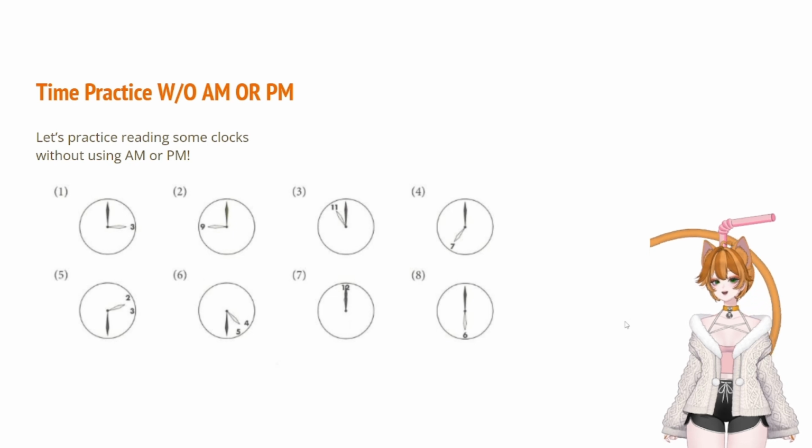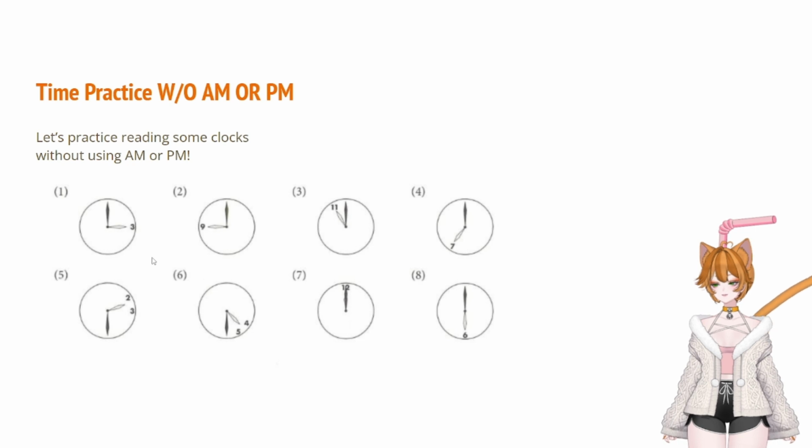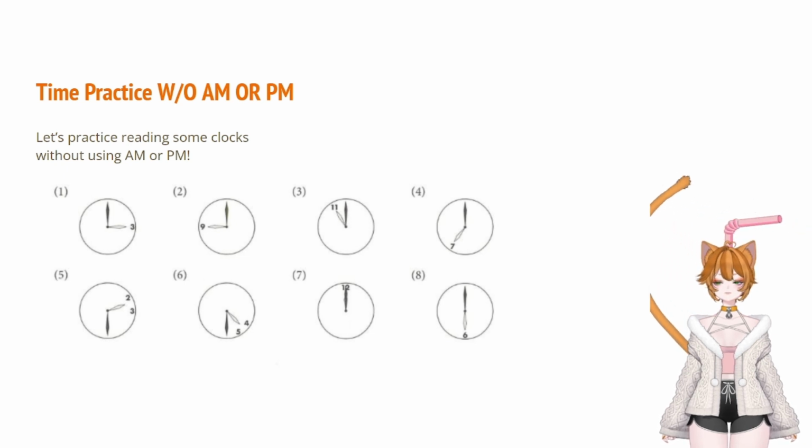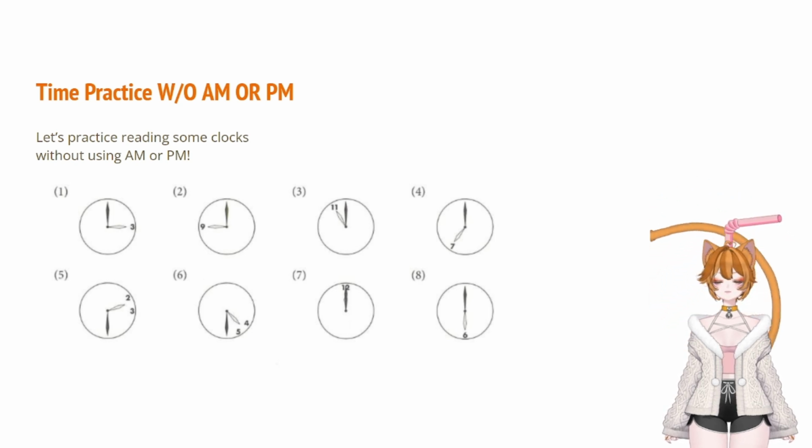So let's practice telling time without AM or PM. Read each of the clocks and I will tell you the number and out loud say what the time is. Number 1. Number 2. Number 3.